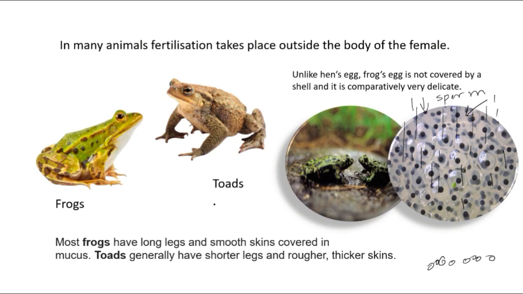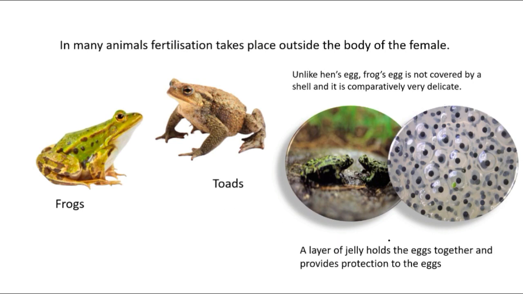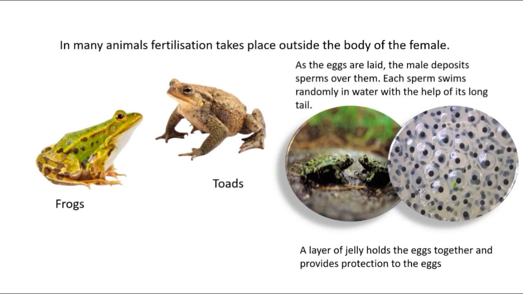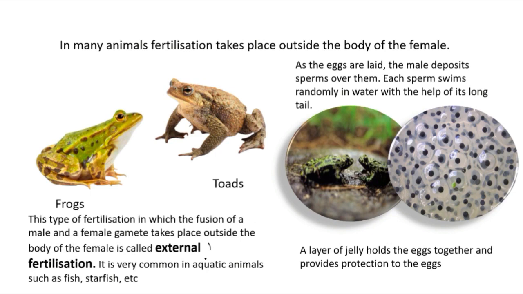So what has happened here is, fertilization has happened outside the body of these organisms, either a frog or a toad, right? So since in this case all this process happens outside the body of an animal, this is an example of external fertilization, and it is very common in aquatic animals such as fish, even in the starfish, right?